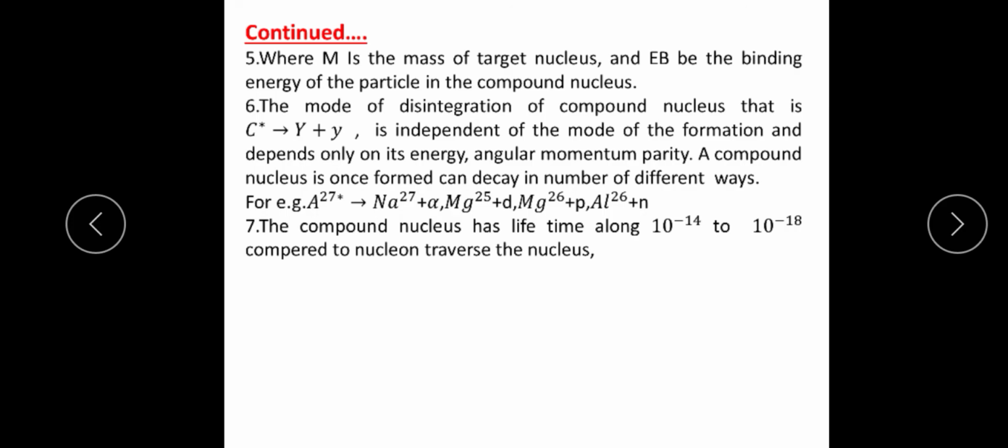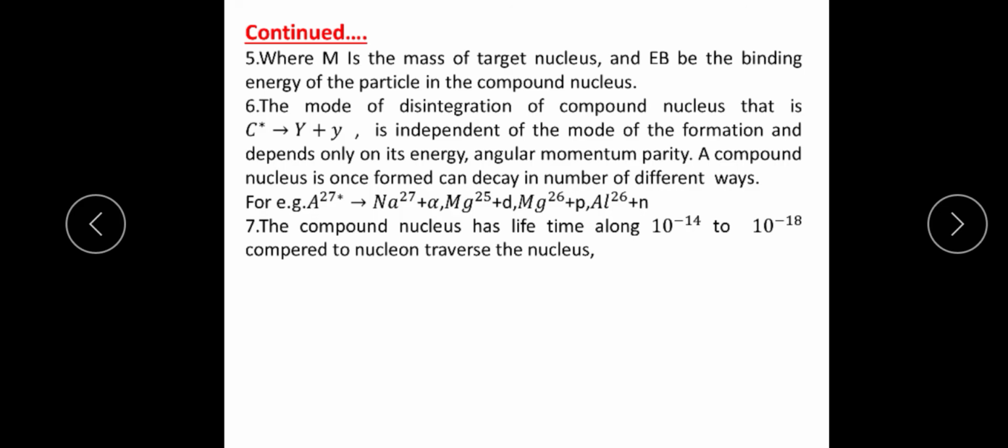And this is independent, means that the disintegration mode is completely independent of how that compound nucleus was formed, but the disintegration depends on energy, angular momentum, and parity.